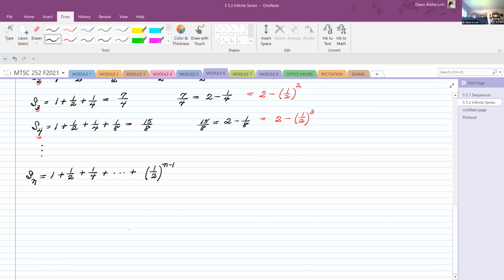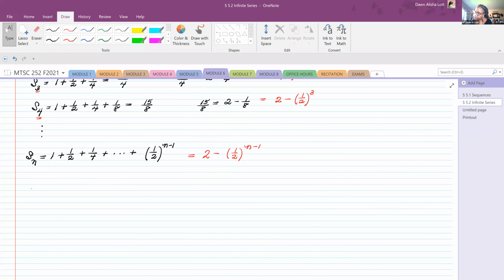And I can conveniently write that as 2 minus 1/2 to the n minus 1. So in this example, the nth partial sum is 2 minus 1/2 to the n minus 1.